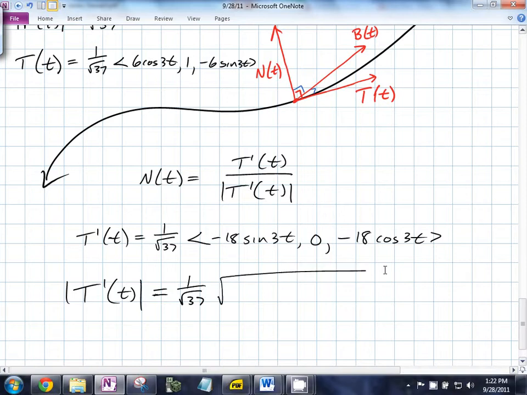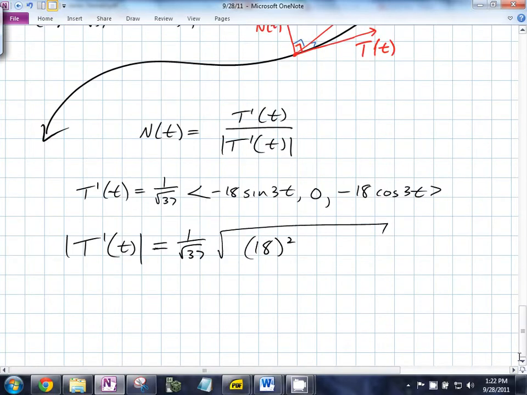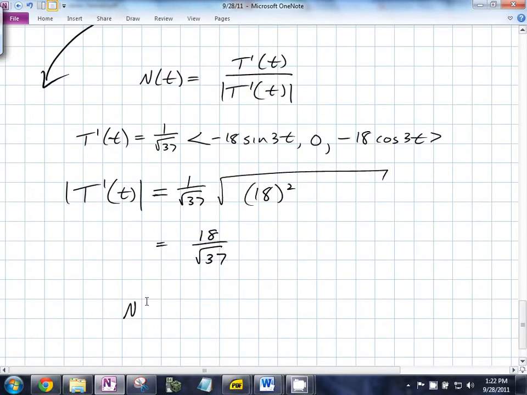So now we know that N of t is equal to, you're dividing this by this, right? 1 over 18, because the root 37's cancel, times negative 18 sine 3t, comma 0, comma negative 18 cosine 3t.